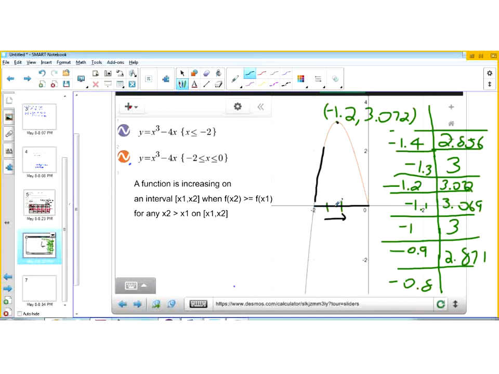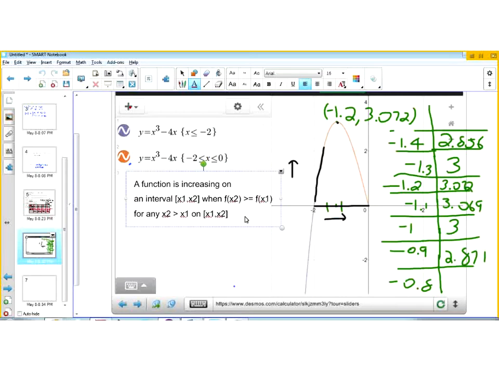So you choose any x2 bigger than x1 from negative 2 to say negative 1.2, then f of x2 will be greater than or equal to f of x1. And so we say that this function is increasing, denote it like this. This is the symbol for increasing on the interval. Okay? So that's the notion of an increasing function.